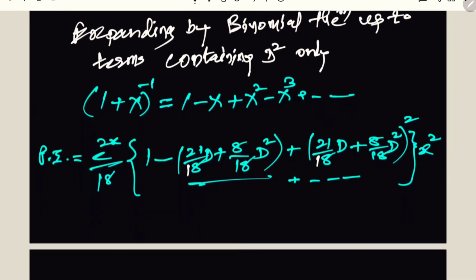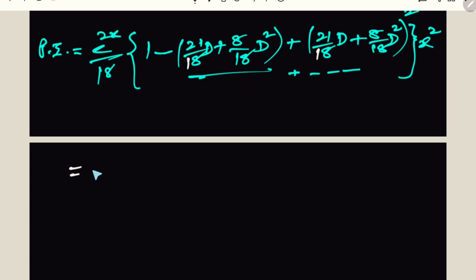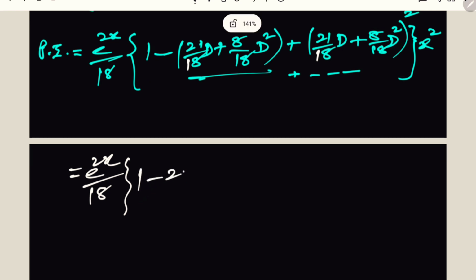And then simplifying it, its expansion is e raised to 2x by 18, no change. First term 1, multiplying by minus inside, we get 21 by 18 times d. Next, minus 8 by 18 d square.